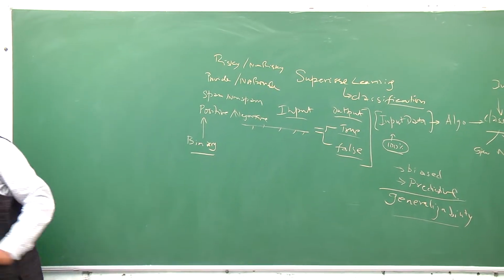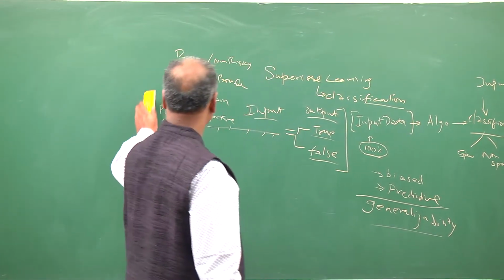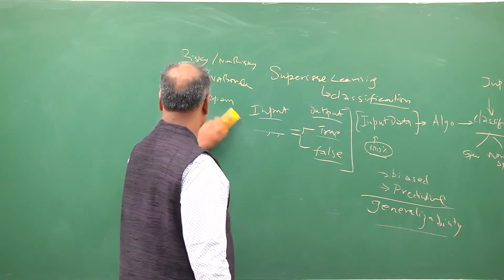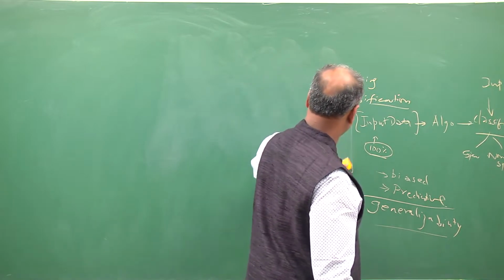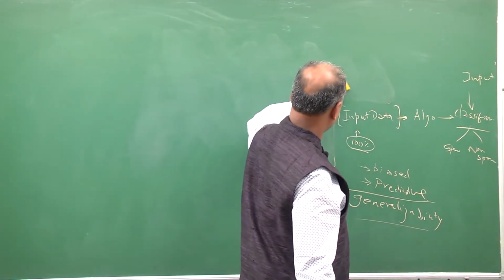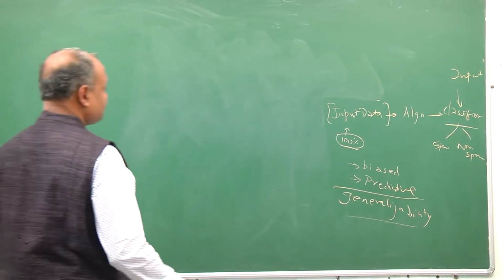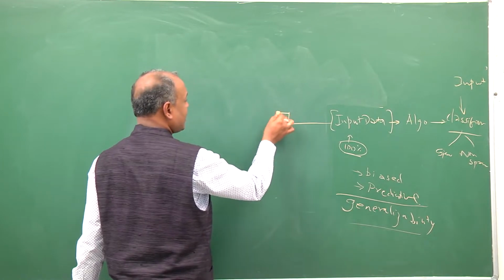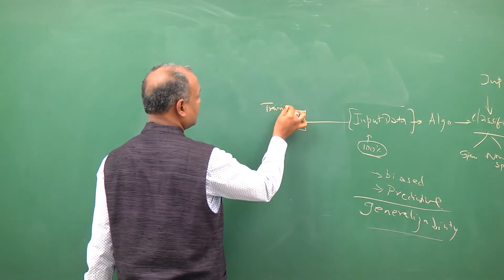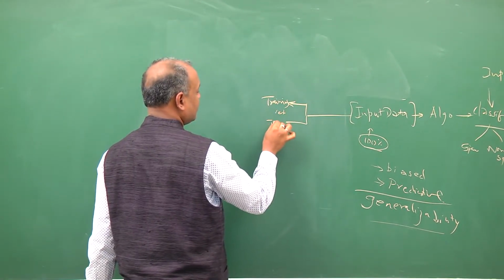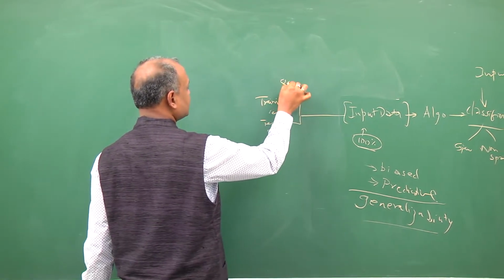The corresponding technique is called splitting the data into training and test sets. The way it works is you take the input data and split it into two data sets, a training set and a test set, randomly, depending upon some percentage split.